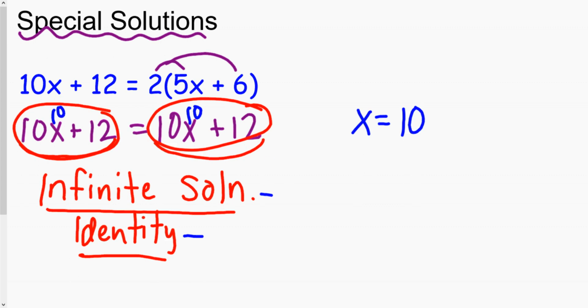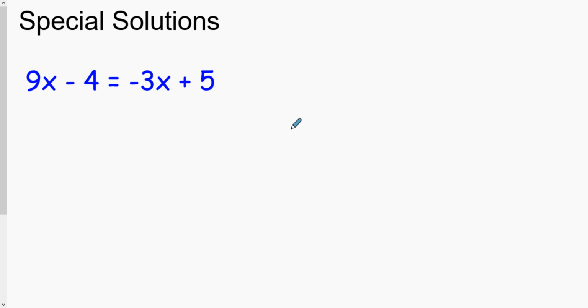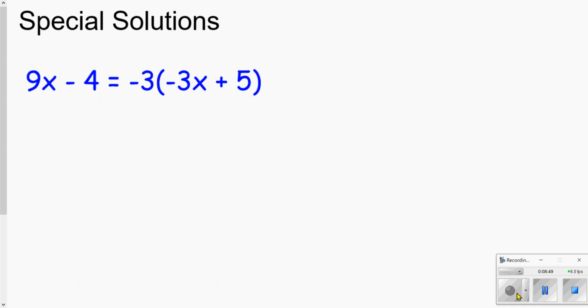Okay, the other special case is an example that looks like this. So this is an equation that's also a special case, or special solution, and you'll see why in just a second.